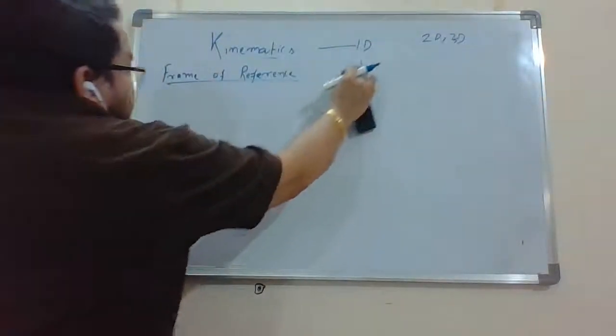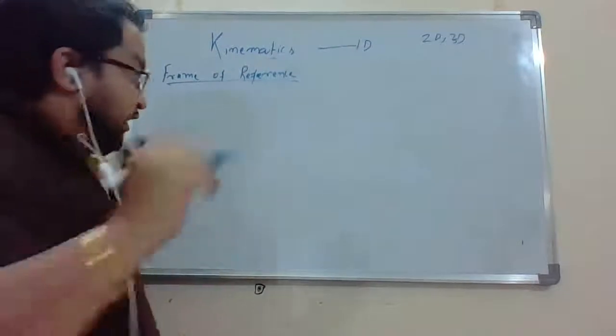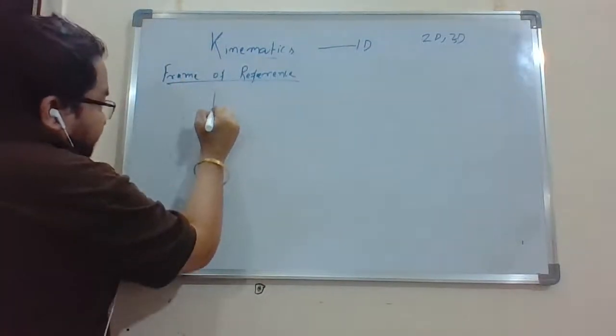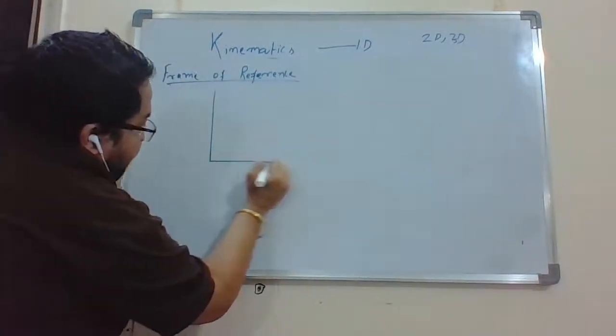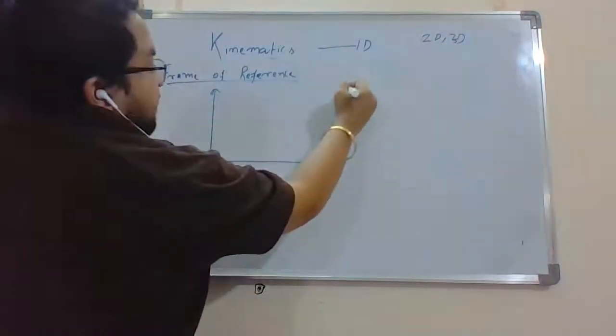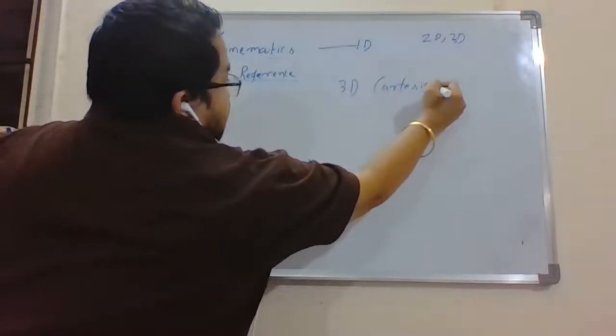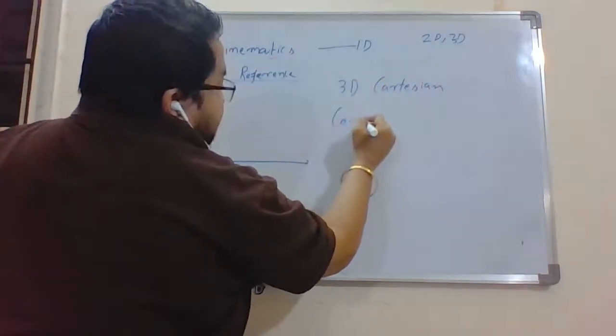Okay, so let us understand about frame of reference, what we need to know right now. Normally in physics, we use a three-dimensional Cartesian coordinate system.